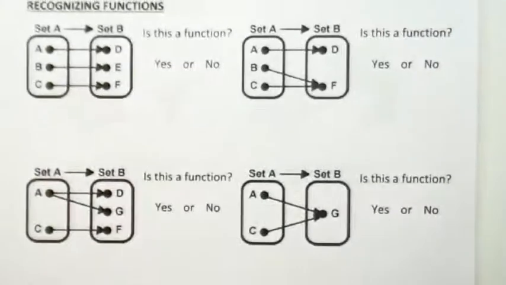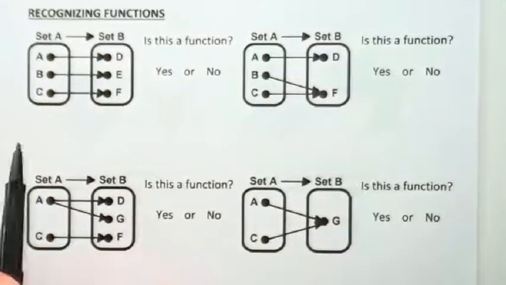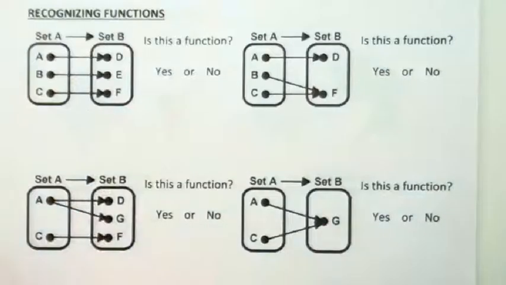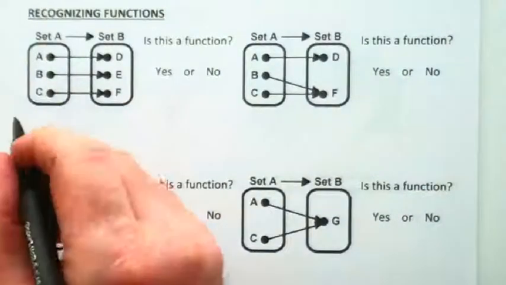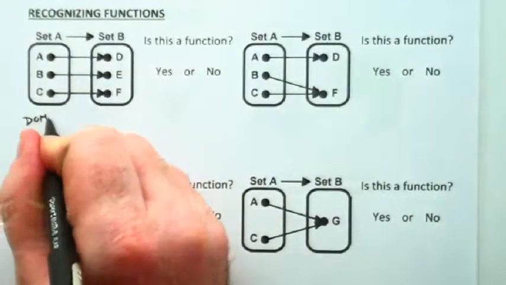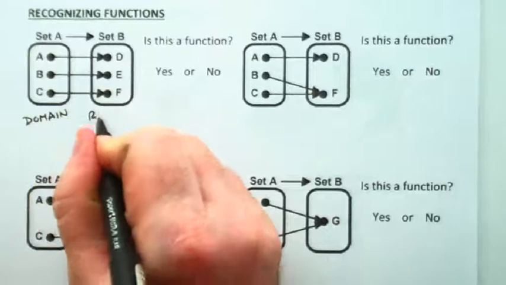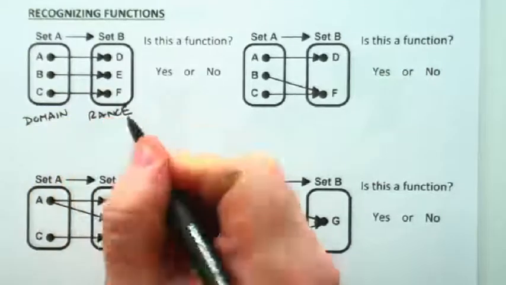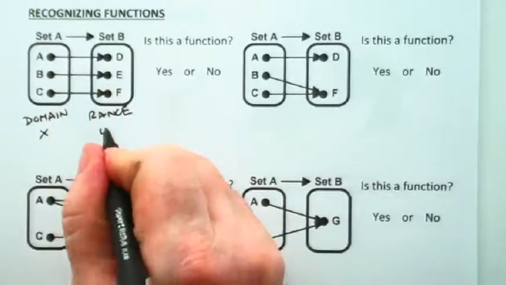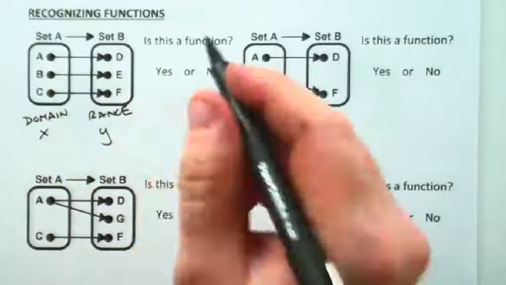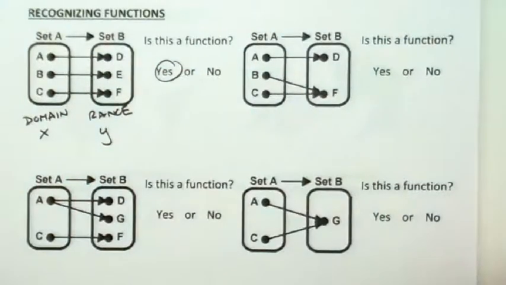The first one here is probably the easiest function. For every value in the domain, there is a value in the range. Or for every x, there is a y. And you see it there, and yes, of course, that's a function.